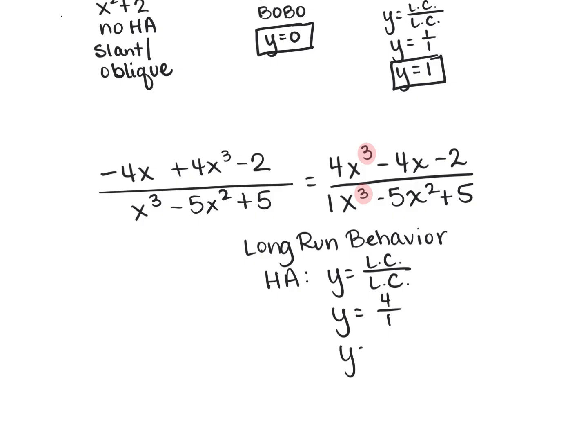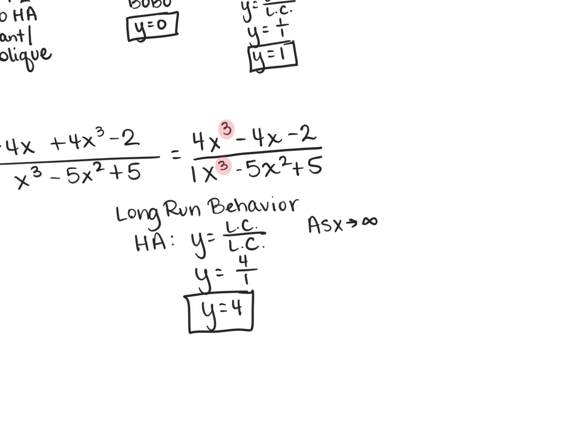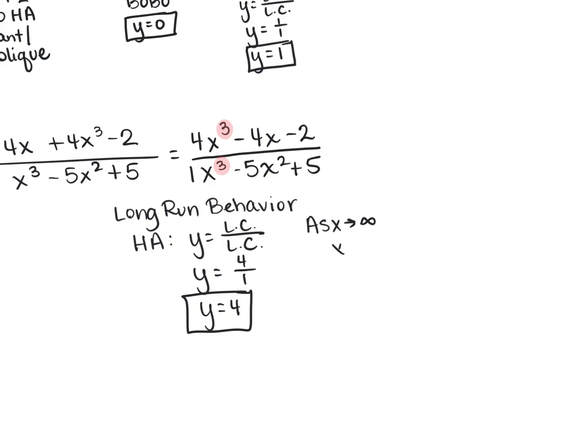So this has a long run behavior of y equals 4. And what that means is that it's going to level off at the ends. So as x goes to positive infinity and negative infinity, then the y values level off and go to the number 4, because that's where your horizontal asymptote is.